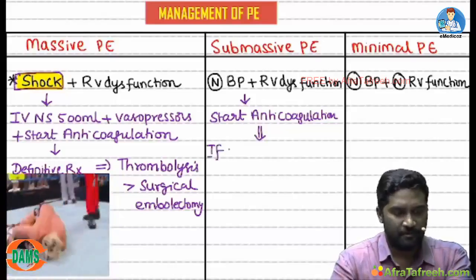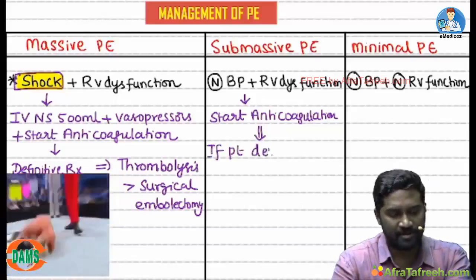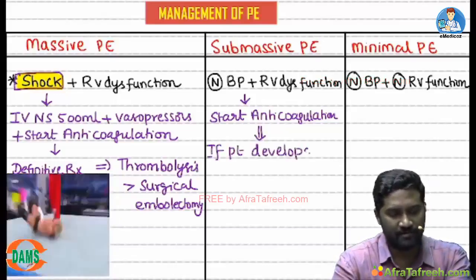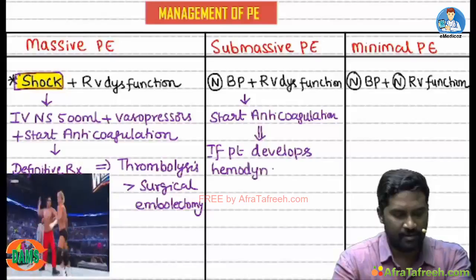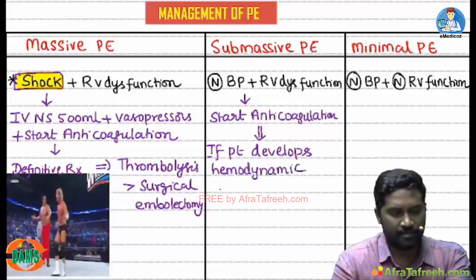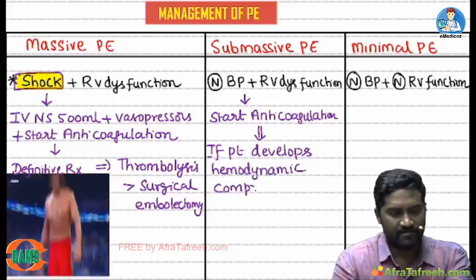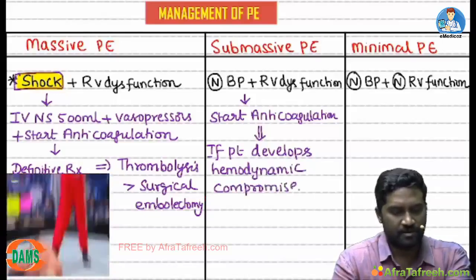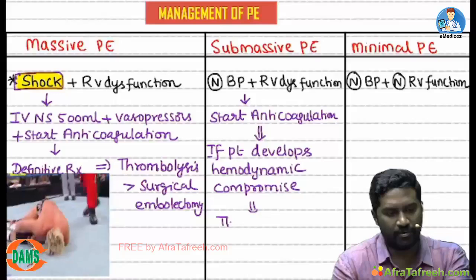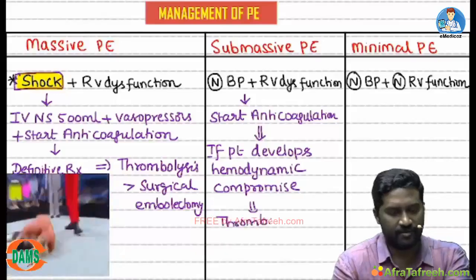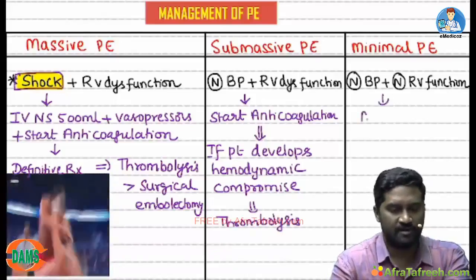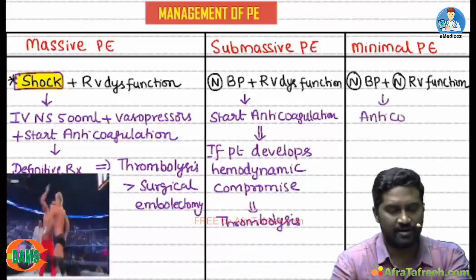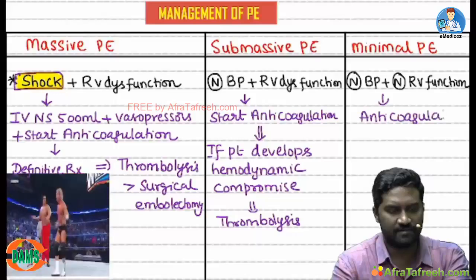If the patient develops hemodynamic compromise, in those conditions you should go for thrombolysis. Minimal means small thrombus, just anticoagulation will be sufficient.